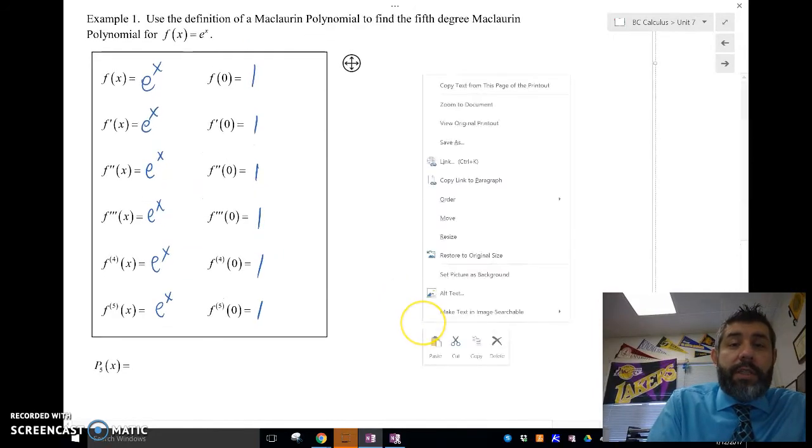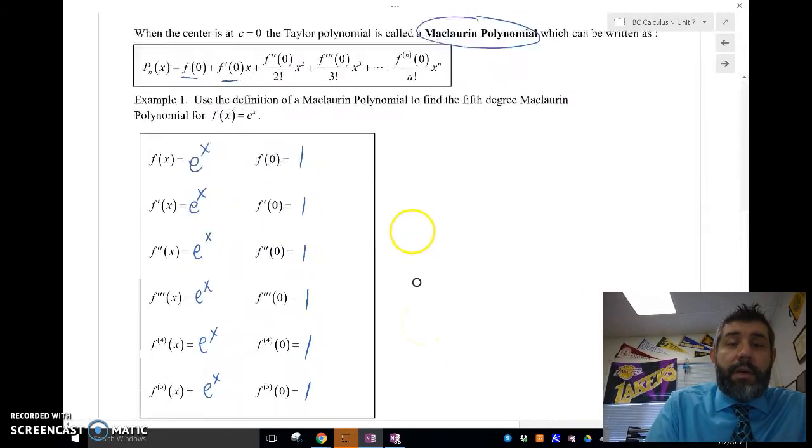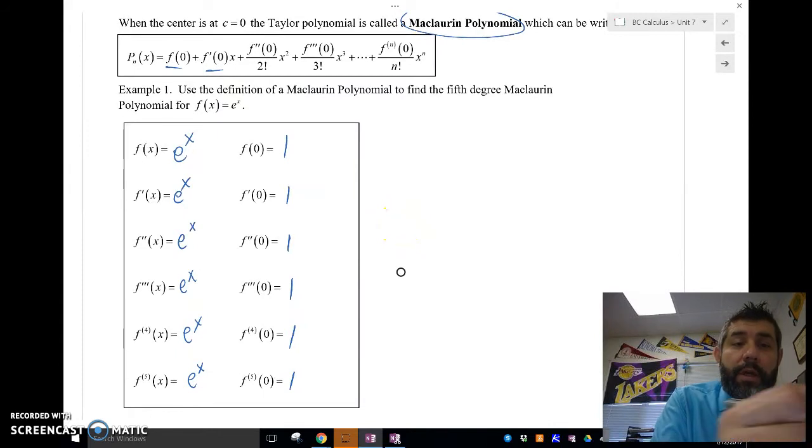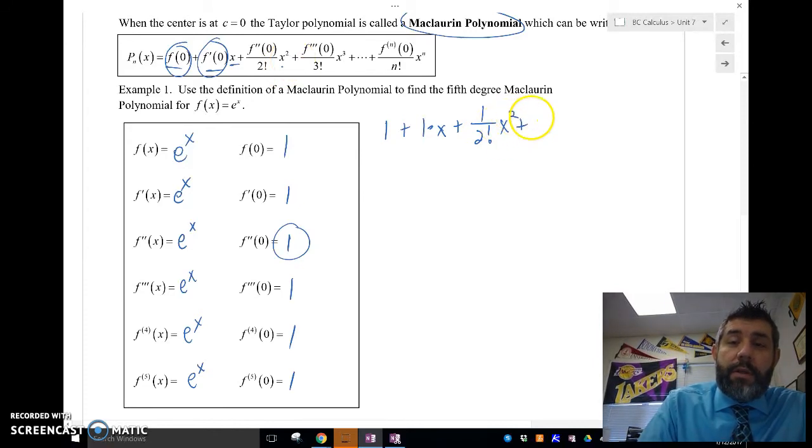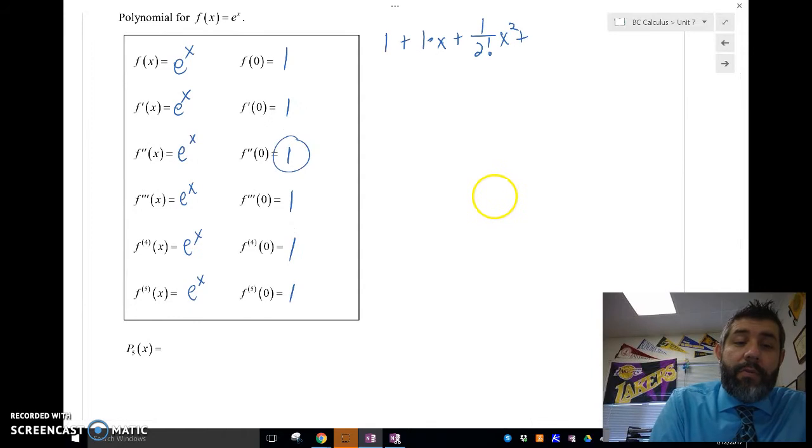According to the Maclaurin polynomial, it's f of 0 plus f prime of 0 times x. So f of 0 is 1, plus f prime of 0, which is 1, times x, plus f double prime of 0, which is 1, over 2 factorial times x squared. I'm going to write the rest of it down here where I need my polynomial.